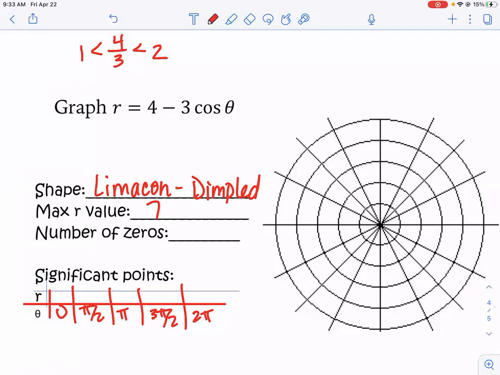Pod 5 and 6, plug in 3 pi over 2. We only need to do one.